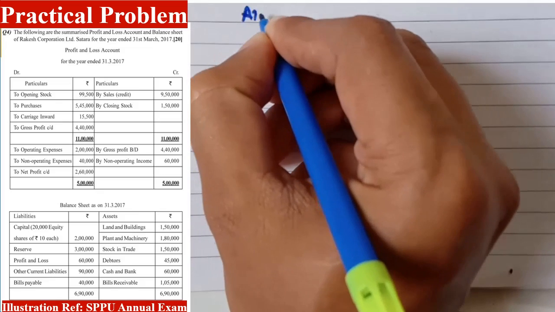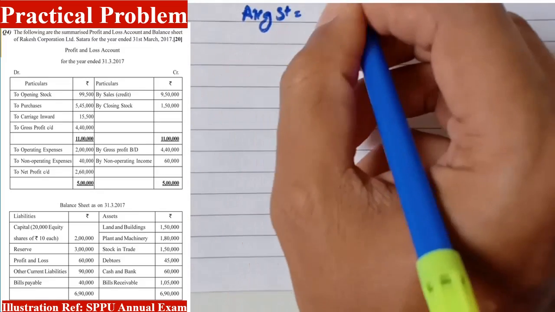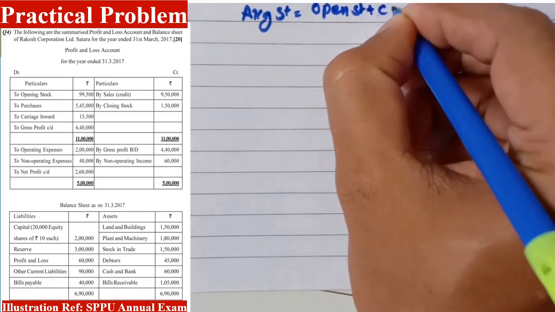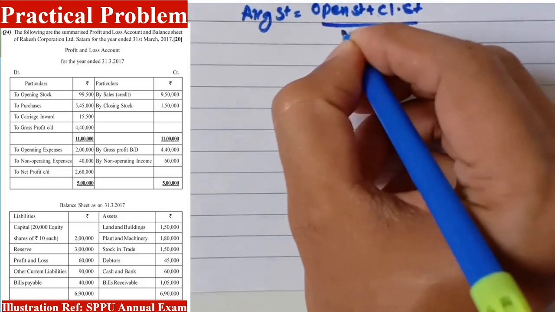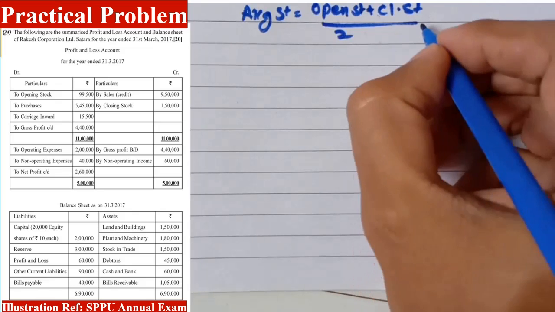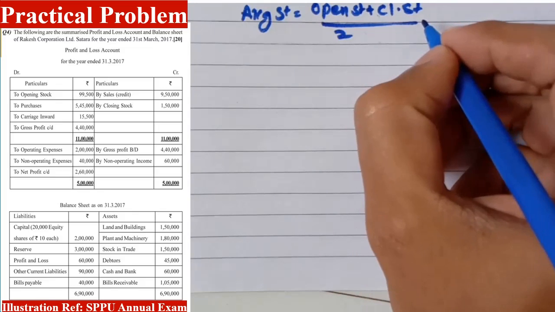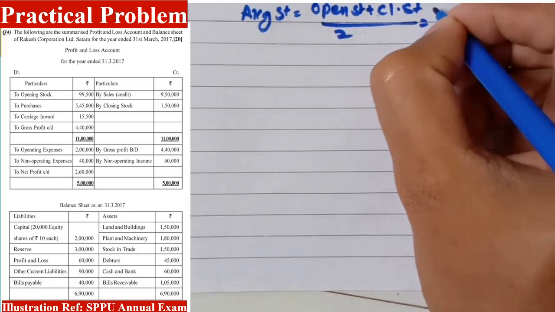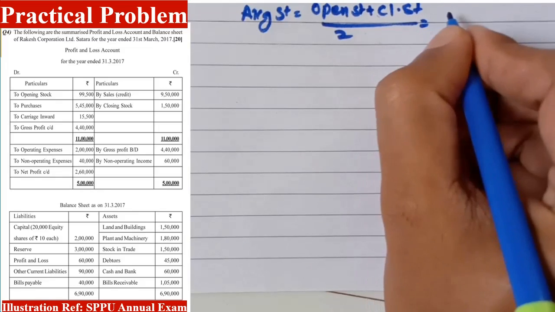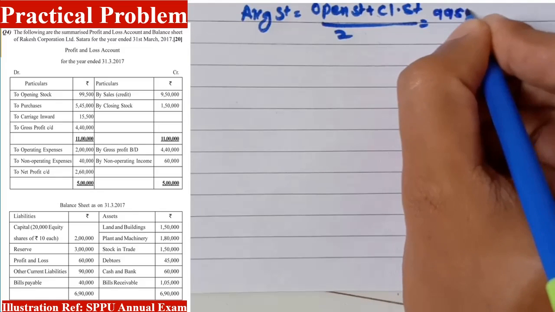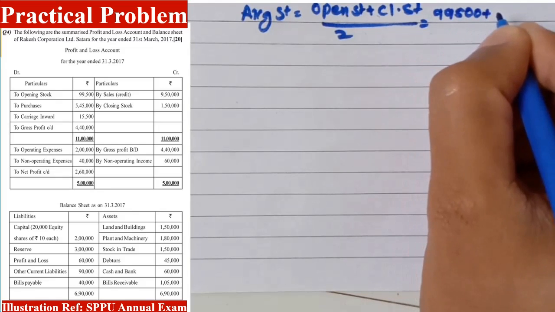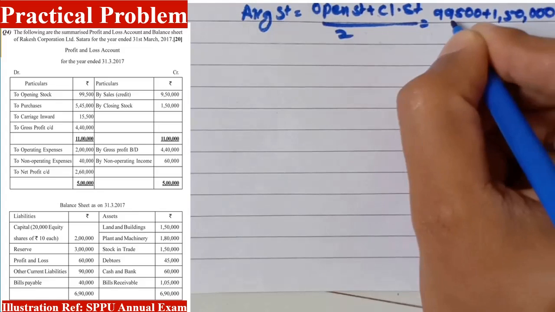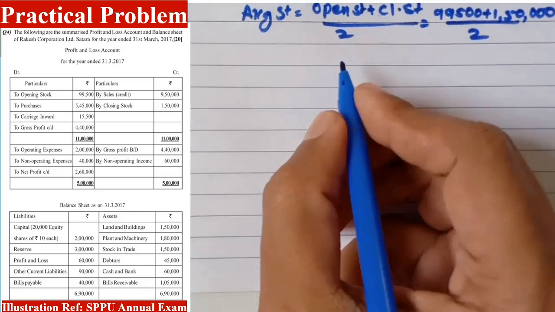Now average stock is equal to opening stock plus closing stock upon 2. Now opening stock that is given in the problem is 99,500 plus closing stock is 1,50,000 upon 2.